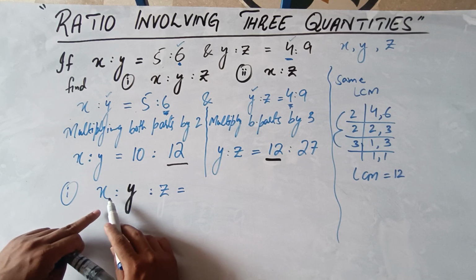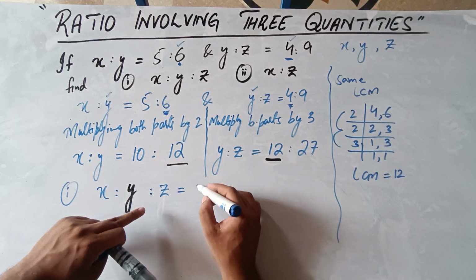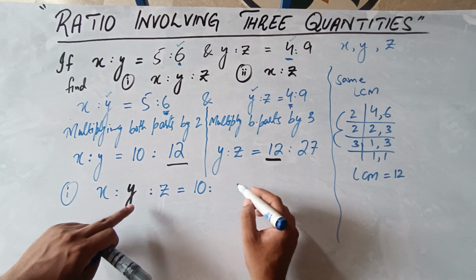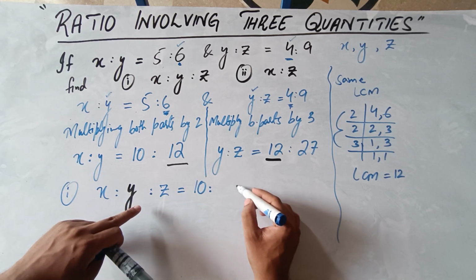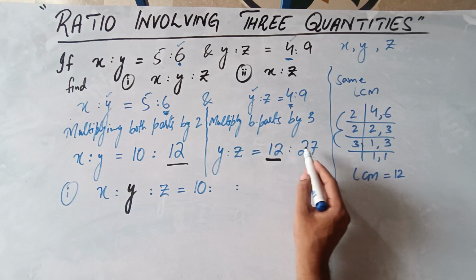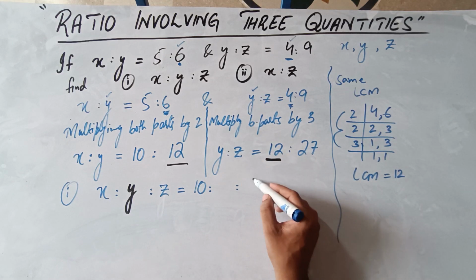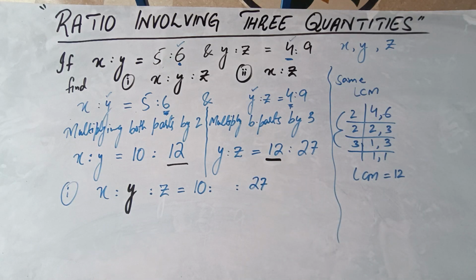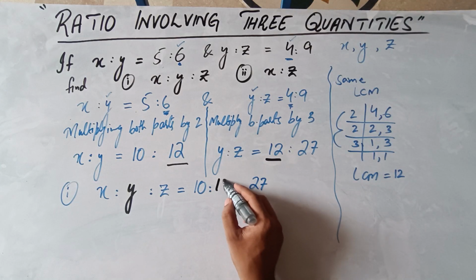Now we can connect them together. The value of x we will write 10, the value of y we will write 12, and the value of z we will write from here. The corresponding value of z is 27. So it means that what will we write over here? 12.